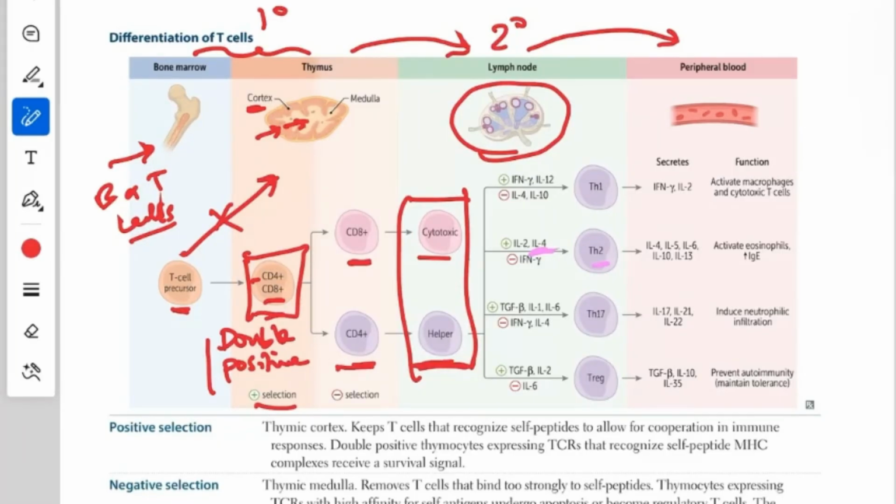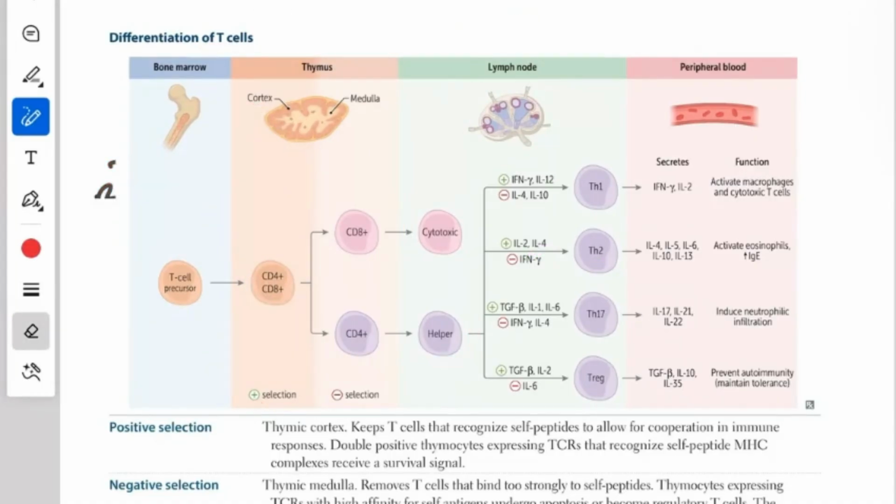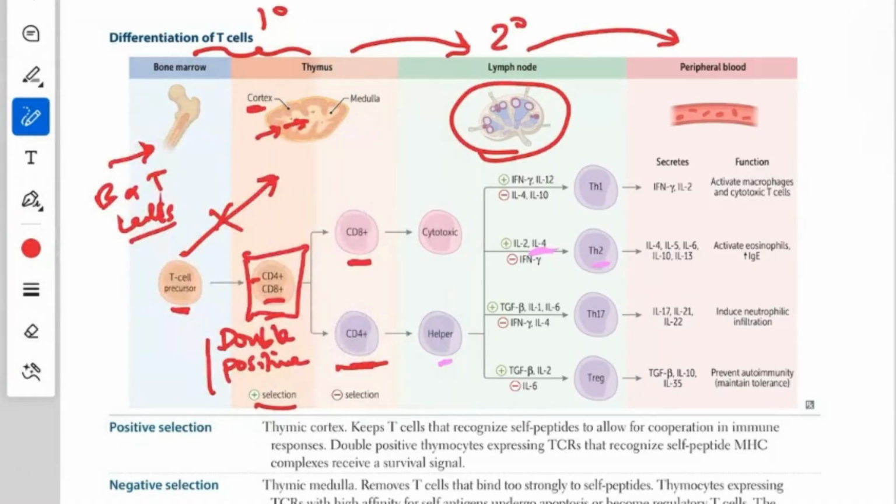Your CD8 and CD4 positive T cells have now graduated from the academy. They are normal and fully functional. They become the cytotoxic CD8 positive T cell and the CD4 helper T cell.